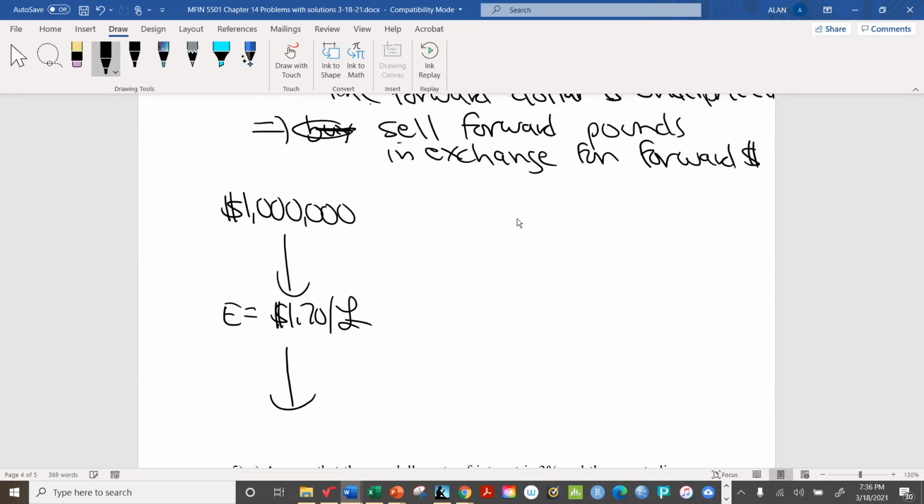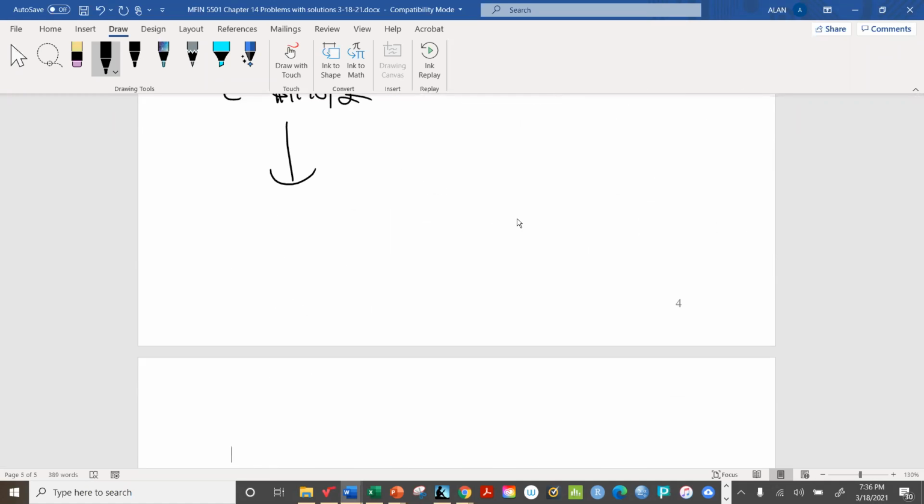And by the way, here we're dividing $1 million by $1.70 per pound, which is 588,235. I guess we can round it to pounds and pence.